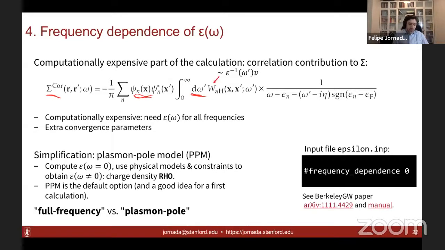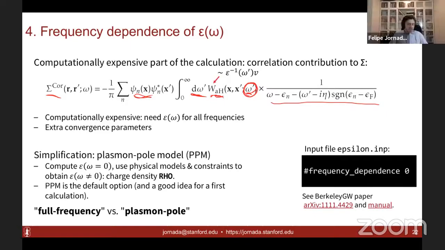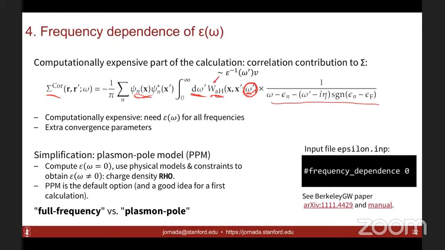And so you actually have to evaluate the screened Coulomb interaction and convolve that screened Coulomb interaction with basically your Green's function. So what that means is that in principle, you have to evaluate the dielectric matrix, this guy here, over a very fine grid of frequencies, and that can be, in general, hard to converge.